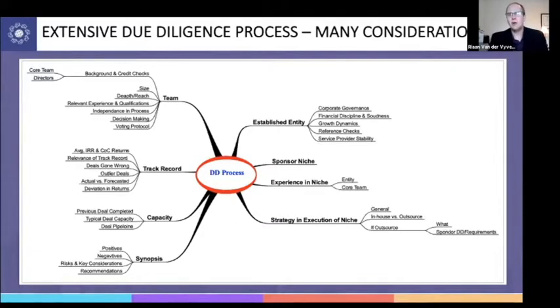Then in terms of track record, it is quite important for us to understand historically, what did a sponsor do in terms of their deals, in terms of IRR and cash on cash. But more importantly, we go back and we say, on these deals, what did you forecast? And what did you actually achieve? The last thing is, we don't want to overpromise to investors and underdeliver.